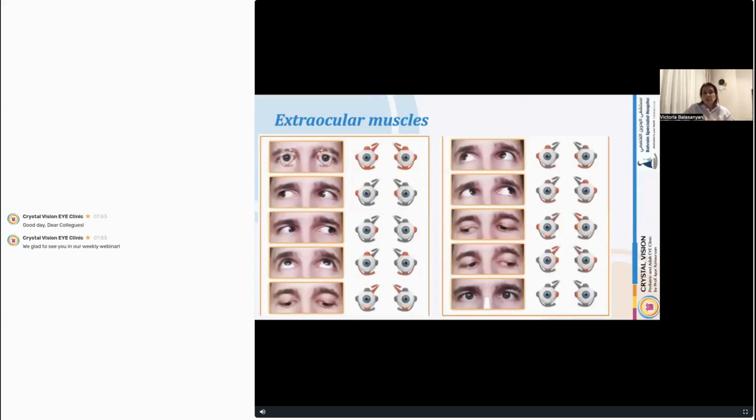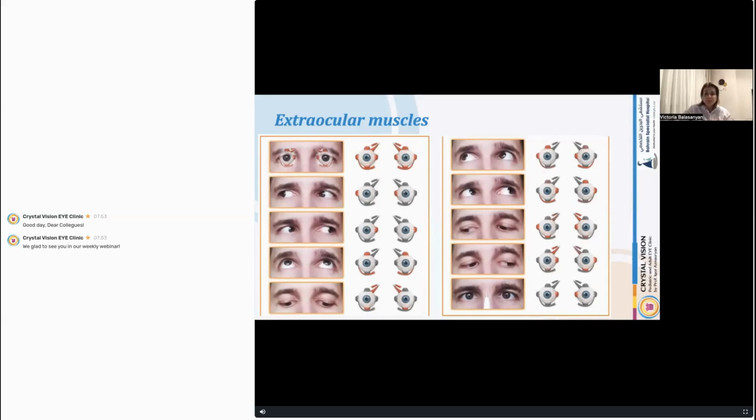The transition of gaze from the primary position to the secondary position doesn't lead to any rotation of the eyeball meridians. However, in the third gaze position, the eyeball deviates vertically with a turn of the gaze to the side and rotates on its axis. Thus, the medial rectus muscle turns the eyeball inward, while the lateral rectus turns it outward.